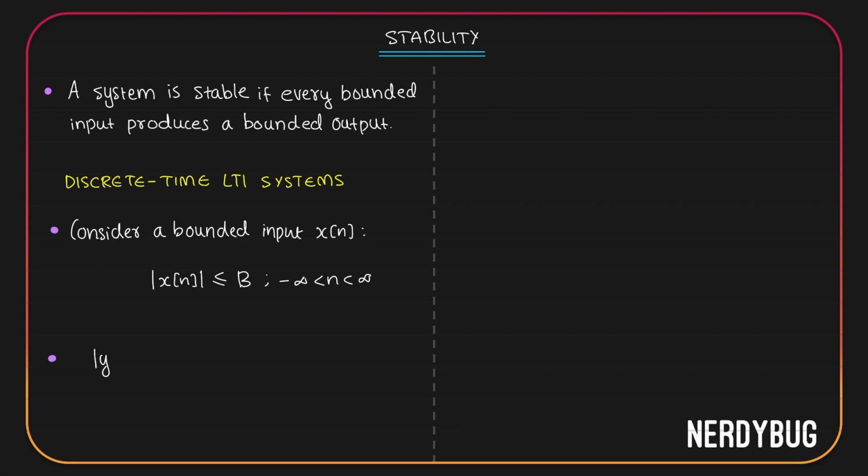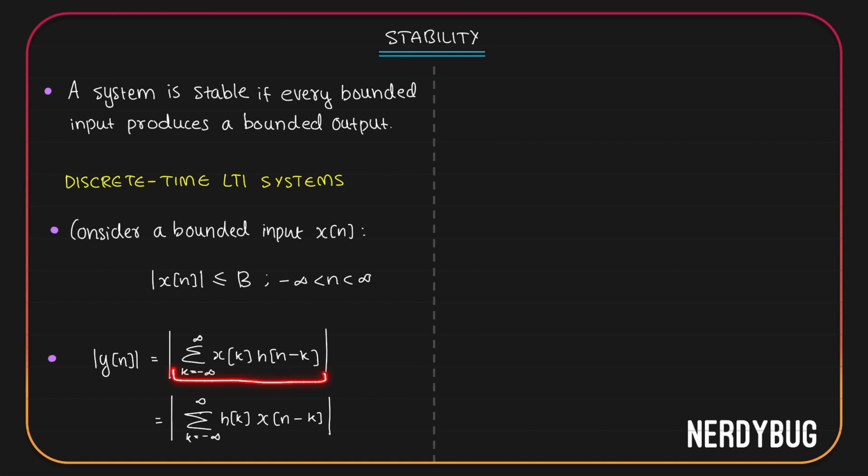Now the magnitude of the output y[n] will be the magnitude of the convolution of x[n] and h[n], so the summation from k equals minus infinity to infinity of x[k] h[n minus k]. We have learned before that the order of convolution doesn't really matter. So we can write this as the magnitude of the summation from k equals minus infinity to infinity of h[k] x[n minus k].